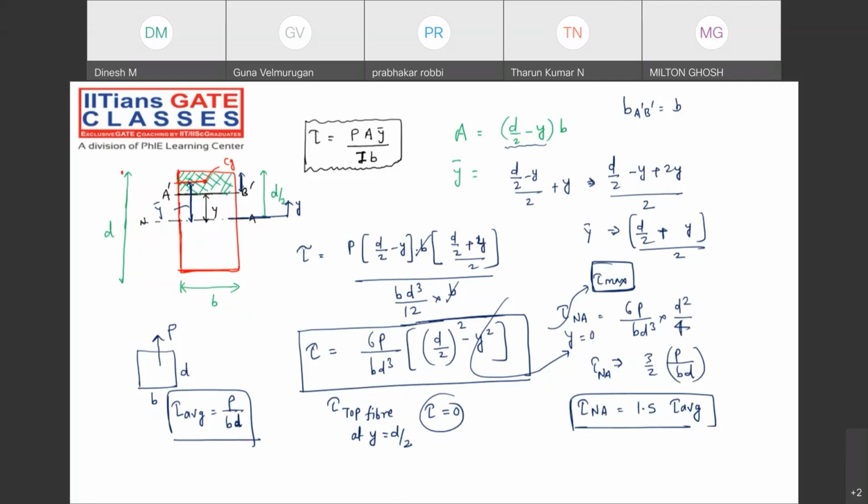All of you are understanding this particular derivation for this rectangular cross section? Perfect.